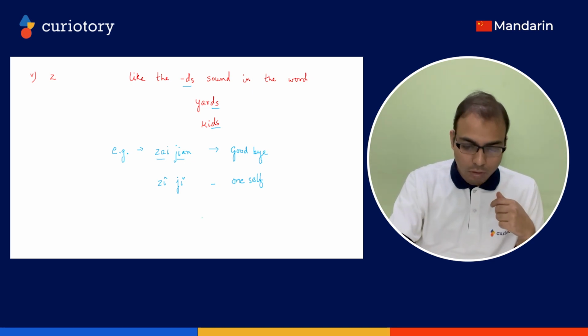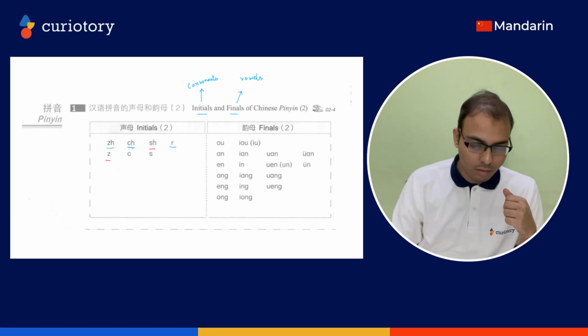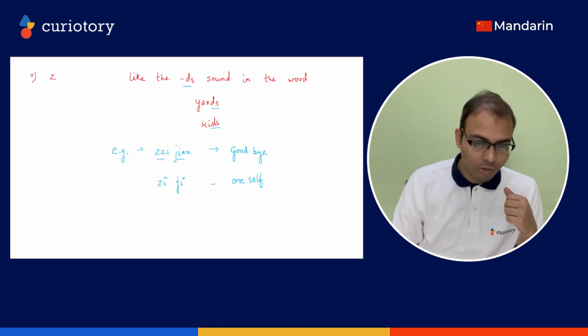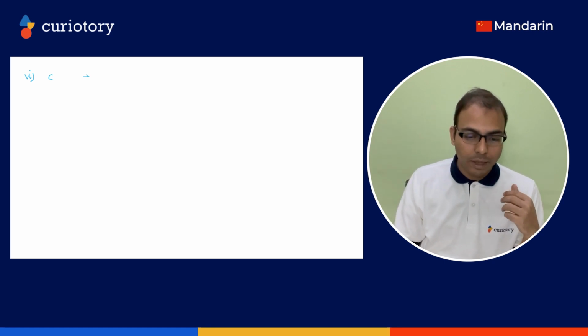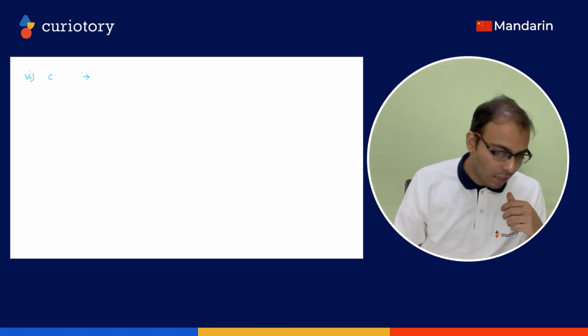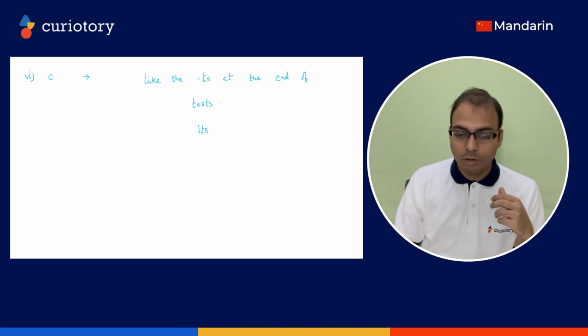Let's get back to the fifth initial. The fifth initial which we are going to learn here is C. You have to take care about C because C has some rules. It is saying that it is like the TS. So what is the rule about C?